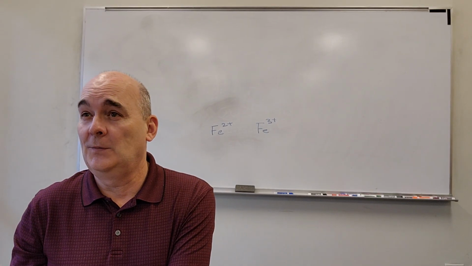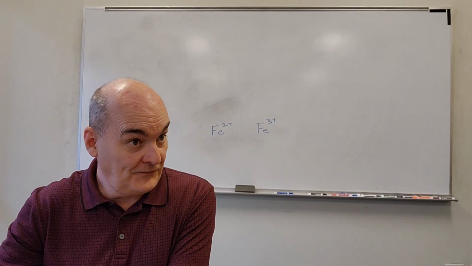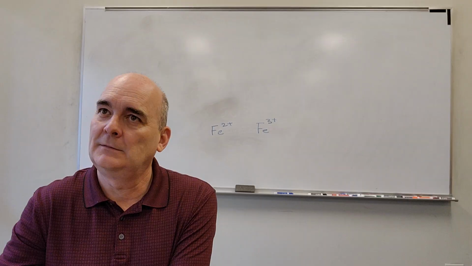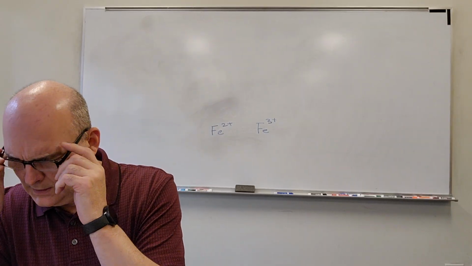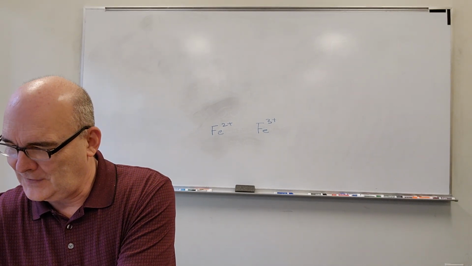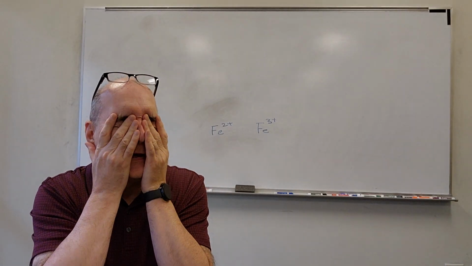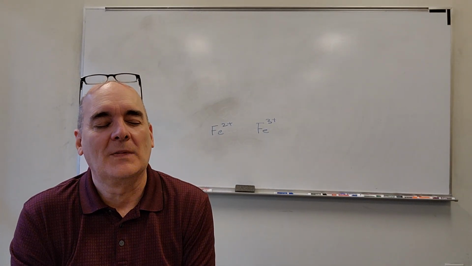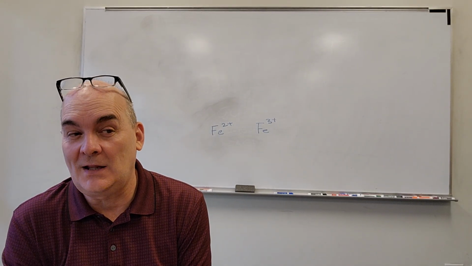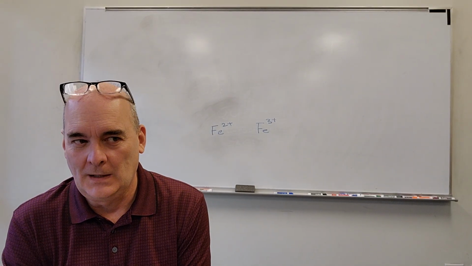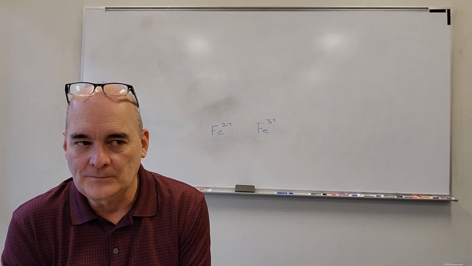For those of us playing at home, iron is 4s2 3d5. Is that right? Ooh. It's not 5, is it? It's 6. I think it's 6. 1, 2, 3, 4, 5, 6, yeah. Iron is 4s2 3d6. Yeah, manganese is 5. And so to lose the 2 electrons from the 4s shell is incredibly easy to do. So the 2 plus ion gets made very, very simply.